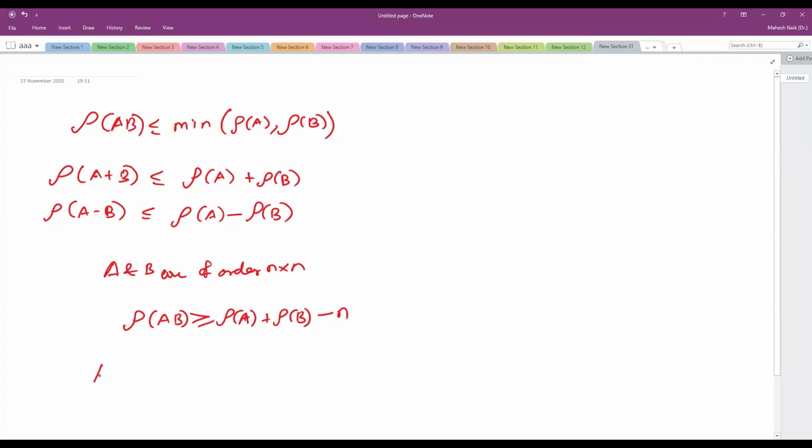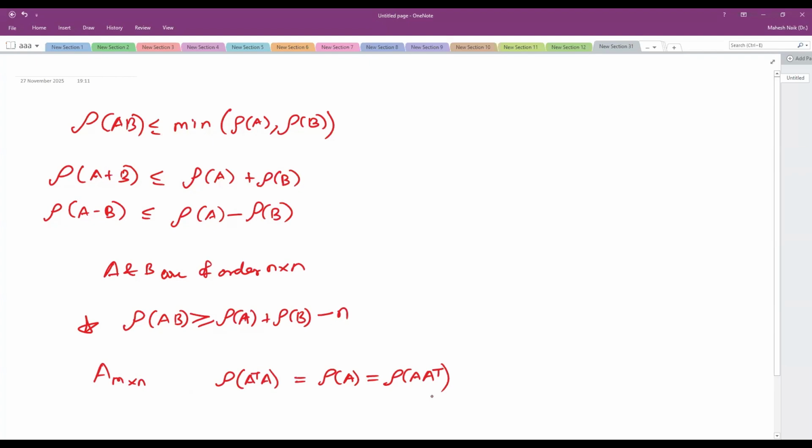If the matrix is a triangular matrix m cross n, in such case we also have this equality: rank of A transpose into A equals rank of A and also equals rank of A into A transpose.